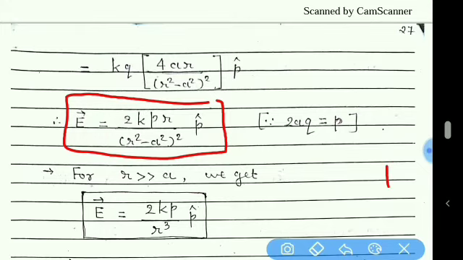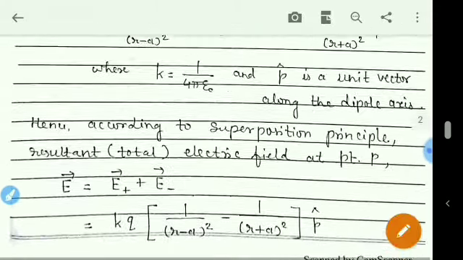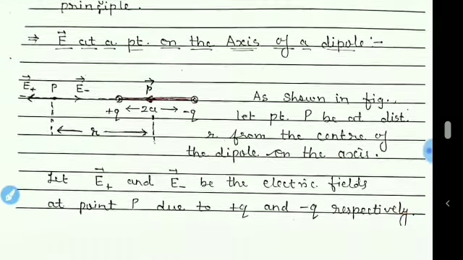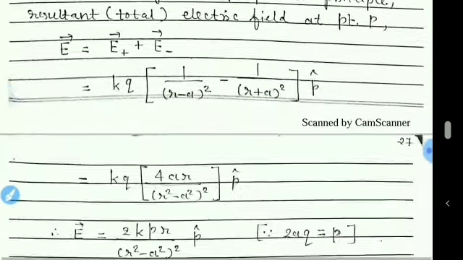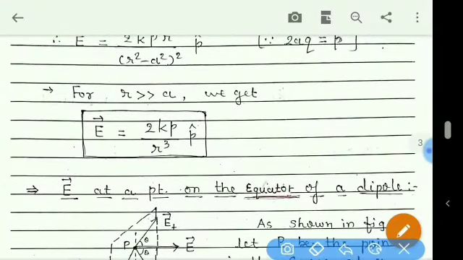Now if we consider point P at a very large distance, that means this point P is at a very large distance from this dipole, then compared to this distance A, this R will be very greater, and if this R is greater compared to A, we can neglect the distance A as R is very large.